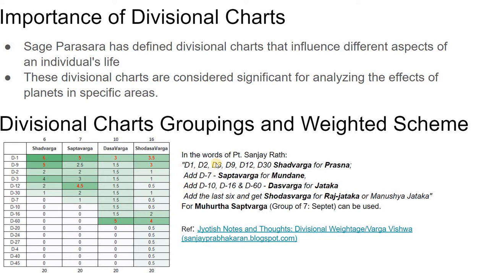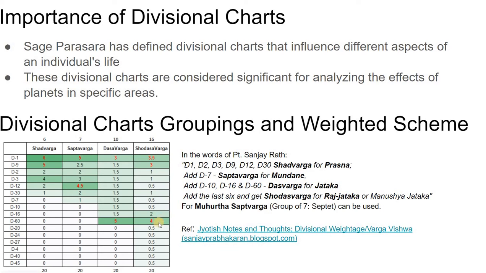But then, in the words of Pandit Sanjay Rath, we use Shadvarga mainly for Prashna. Once we add Saptamsa also, which is Saptavarga, we use it for mundane astrology. And Dasavarga is used mainly for Jataka, natal charts that we study. So this is more important to our lives.